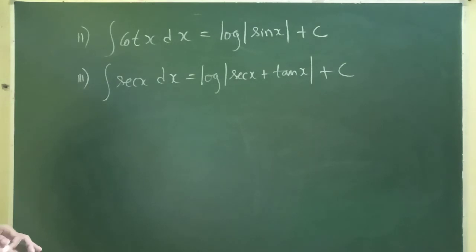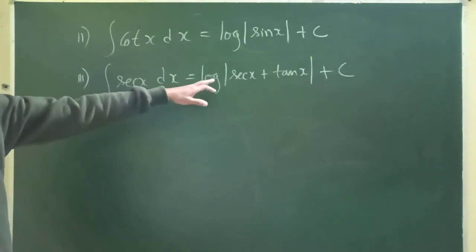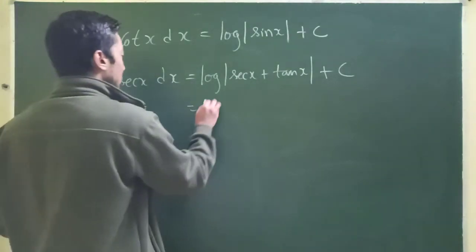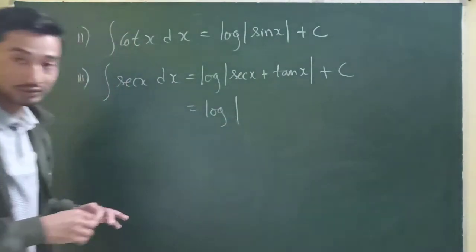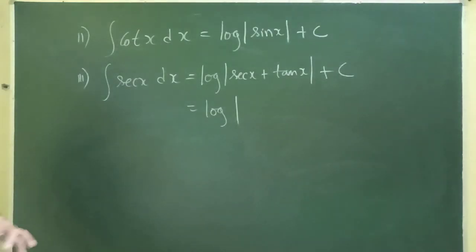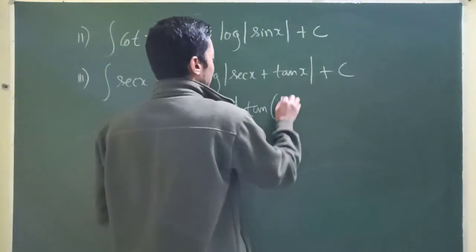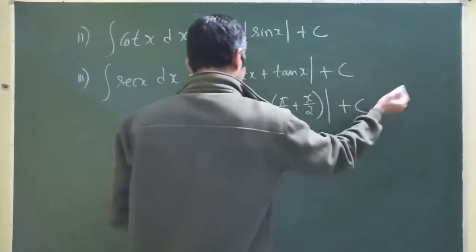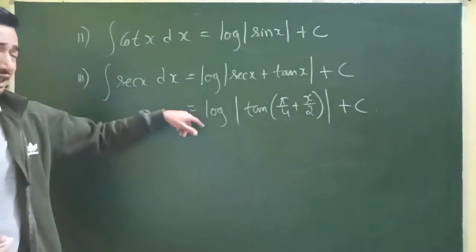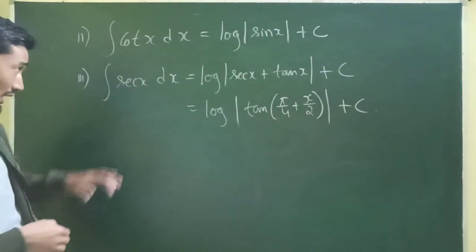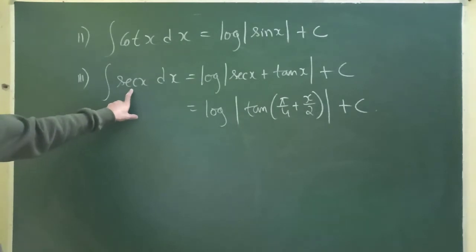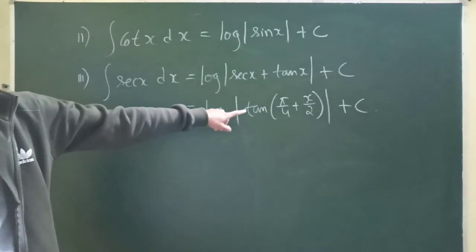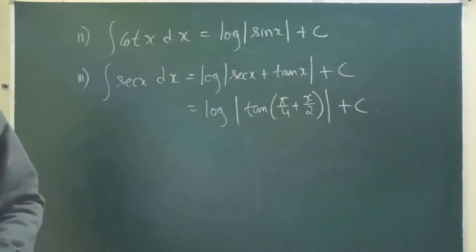Another way of representing it is log of tan of pi by 4 plus x by 2, plus c. Any one of these you can use. I repeat once again, integration of sec x with respect to x is log of sec x plus tan x plus c, or log of tan of pi by 4 plus x by 2 plus c.